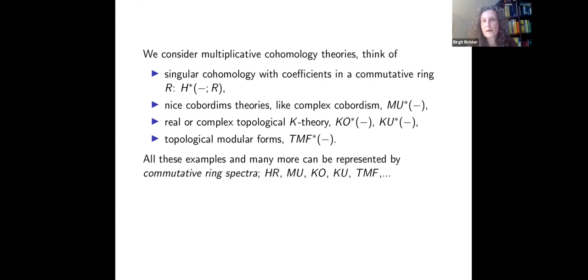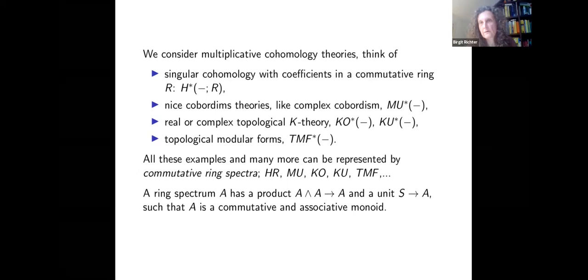We usually try to use notation that's similar to the cohomology theory. So you have HR, the Eilenberg-MacLane spectrum that corresponds to singular cohomology, MU for complex cobordism, KO, KU, and TMF. And of course, there are many more. This is just a tiny fraction of what's out there.